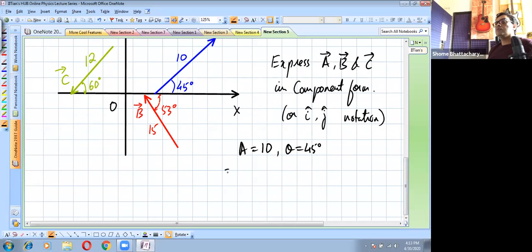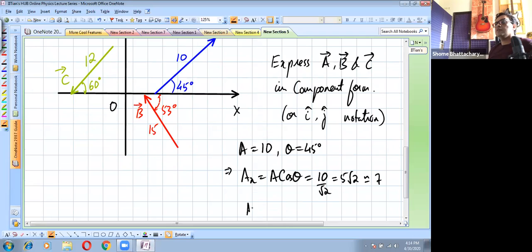So Ex is E cos theta, which becomes 10 by root 2, or you can further write this as 5 root 2, or approximately 7, very approximately 1.4 if you take root 2 as that.